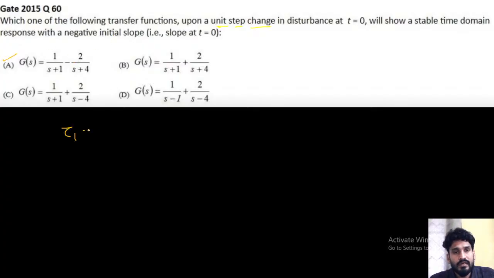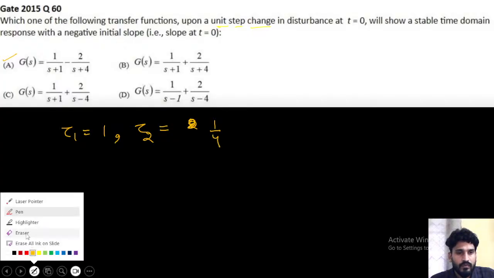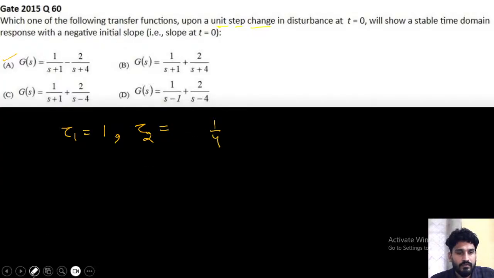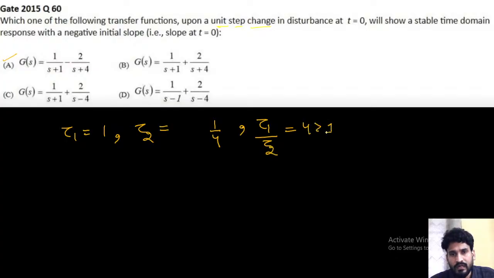What is tau 1? Tau 1 is equal to 1. What is tau 2? Tau 2 is equal to 1 divided by 4. So what is tau 1 divided by tau 2? Tau 1 divided by tau 2 is equal to 4, which is greater than 1. Seems good, there's no problem.